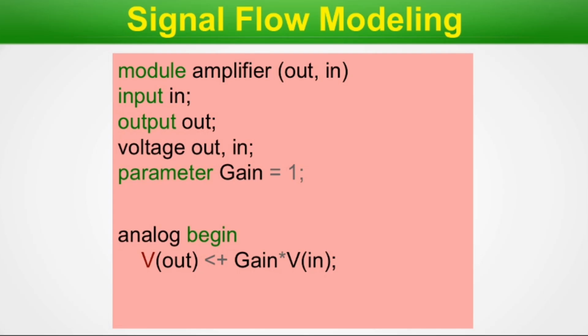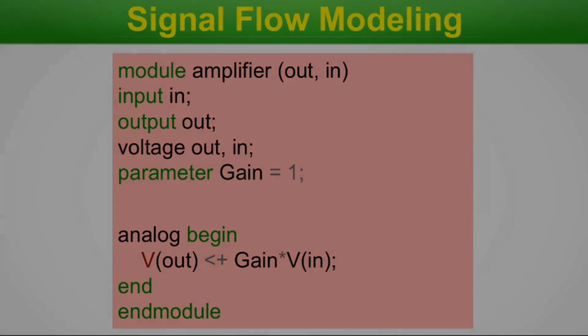This is a very well-known amplifier equation, and if we change the gain parameter here, we will get different values of amplification. So we end that block here. This is very simple signal flow modeling, because in the equation we can see only the potential is flowing from in to out and it is multiplied by a gain. We close our module definition by end module.